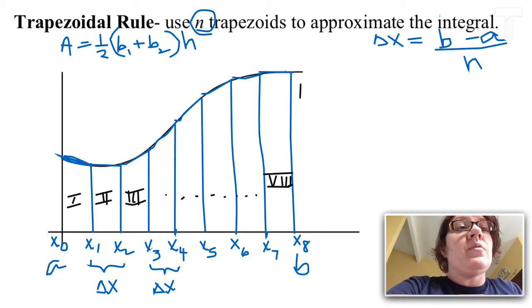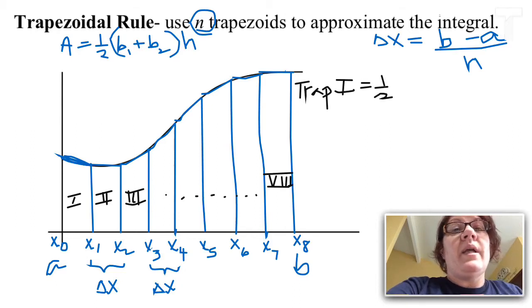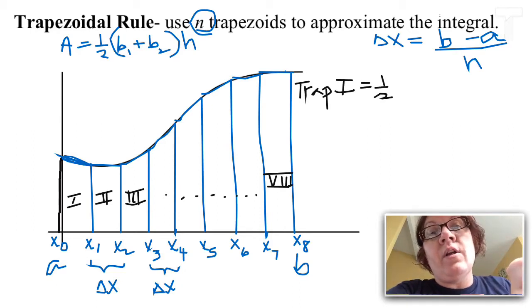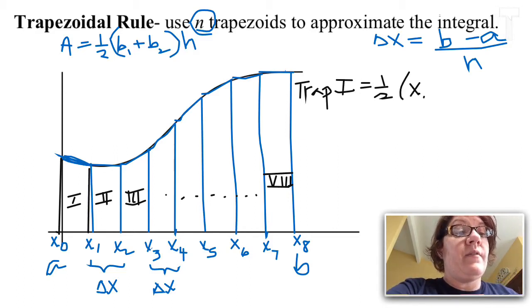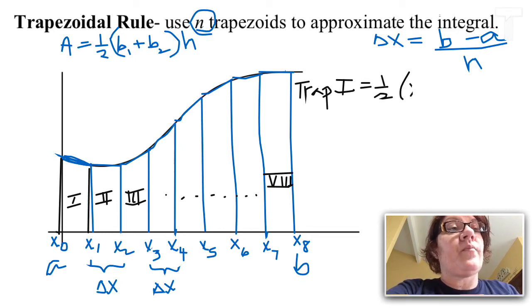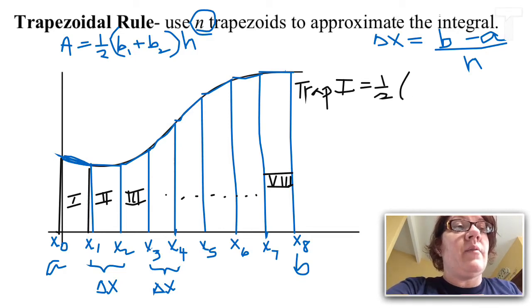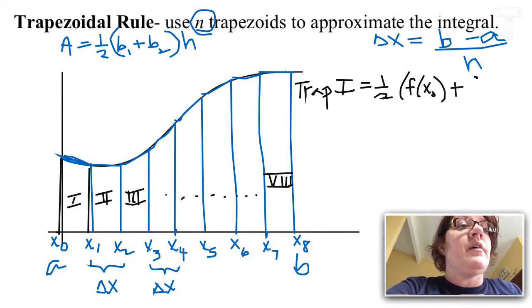So if I start with trapezoid 1, I have to do 1/2. Now, the two bases, of course, are running vertically, so it's f of x sub 0, because I want the y heights, the y values, so f of x sub 0 plus f of x sub 1 times delta x, which is my height.